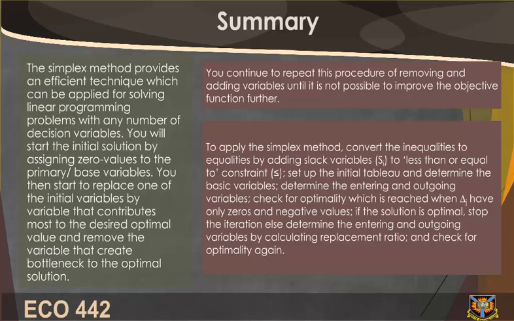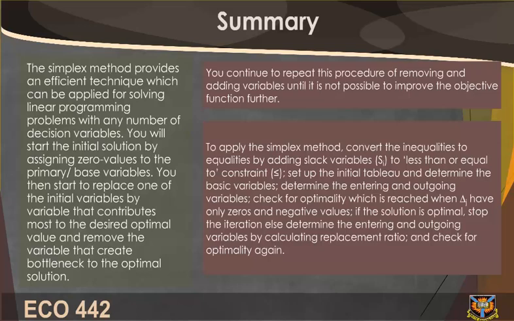You then replace one of the initial variables by a variable that contributes most to the desired optimal value and remove the variable that creates a bottleneck to the optimal solution. You continue to repeat this procedure of removing and adding variables until it is not possible to improve the objective function further.